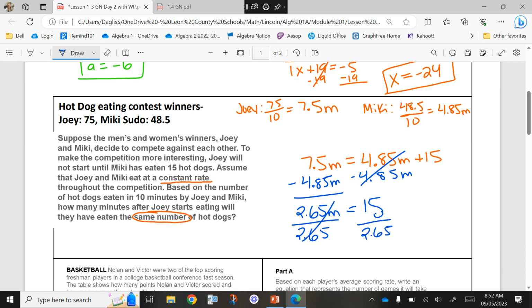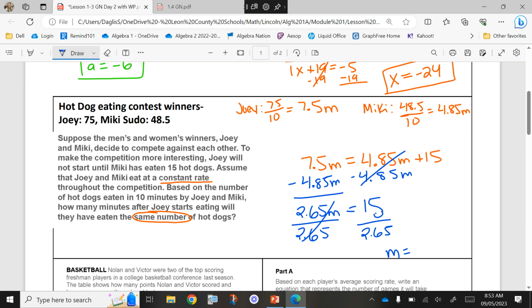Remember, m is minutes. So how many minutes until Joey caught up with her, eating the same amount? What is 15 divided by 2.65? 5.66, repeating, and a bunch of other things. 5.66.